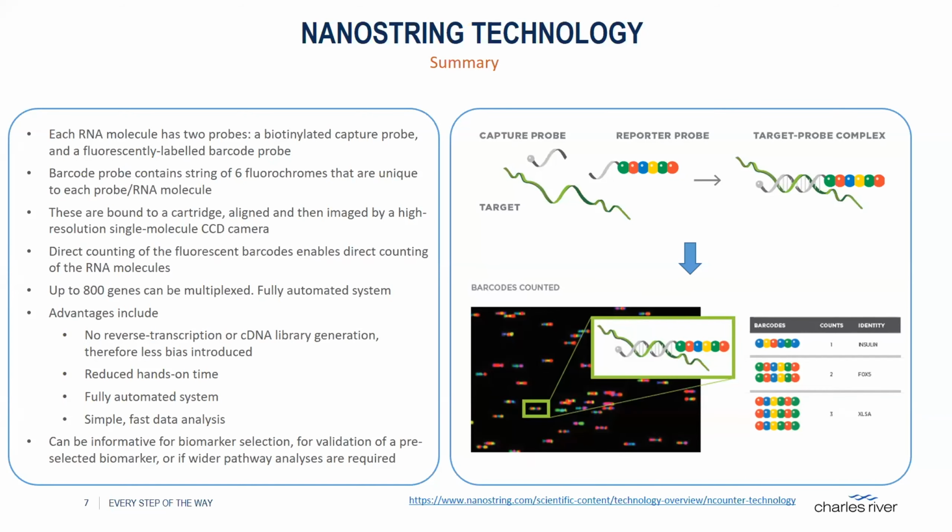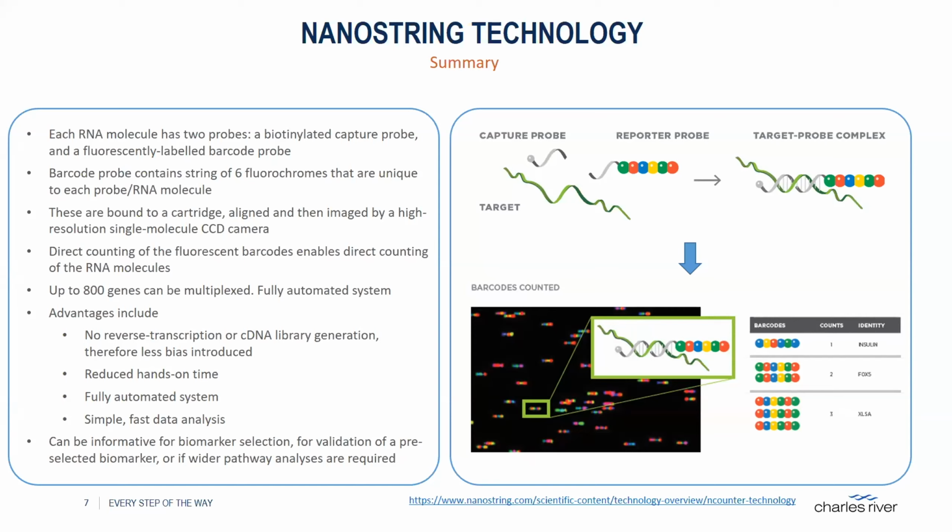So in the preclinical setting, I'd like to start off by picking an example of NanoString technology. This is a fully automated system where we can measure the expression of up to 800 genes simultaneously. The cartoon on the right-hand side describes a target RNA molecule, which is then bound by a capture probe. The probe is biotinylated, which allows the complex to be immobilized on the surface of a cartridge.